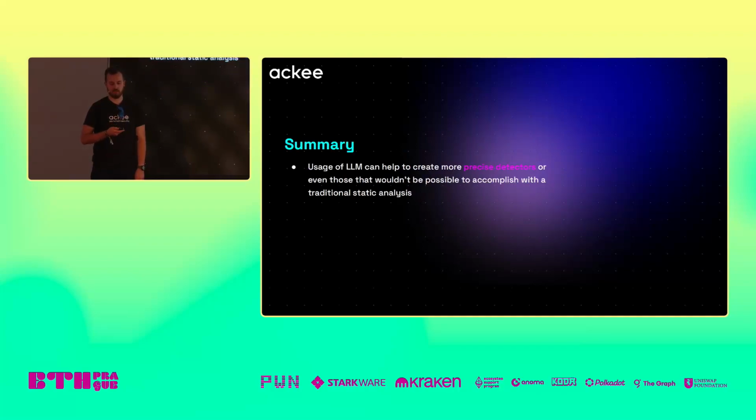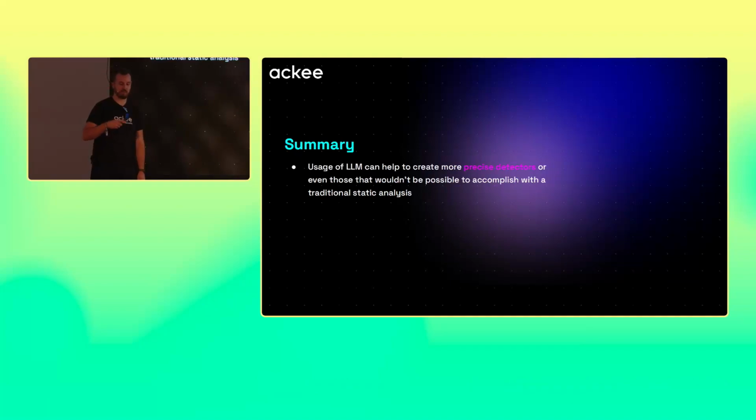So the summary is that in our opinion, language models can definitely help you make more precise detectors, and they also open doors to the world of detectors that we wouldn't be able to create with traditional static analysis.